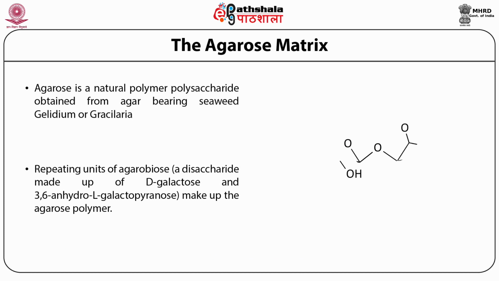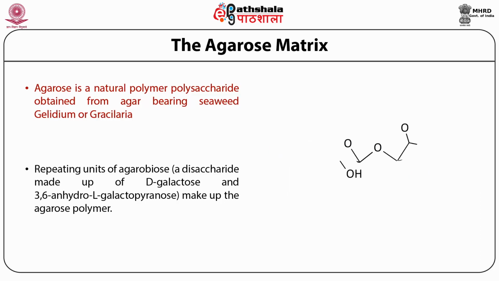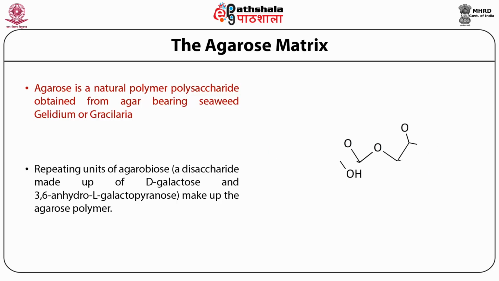What exactly is this agarose matrix? Agarose is a natural polymer polysaccharide obtained from agar-bearing seaweed, Gelidium or Gracilaria. Agar is composed of agarose and agaropectin, of which the agarose is obtained after purification.